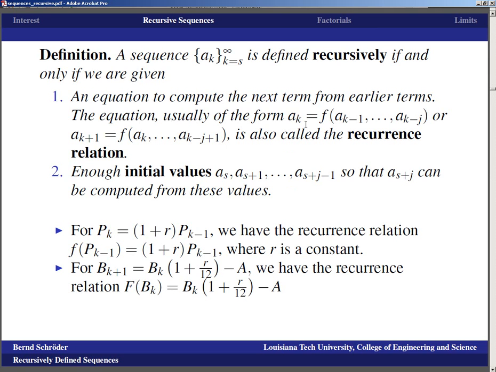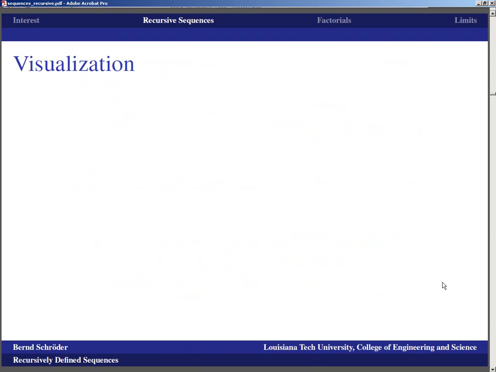So the recurrence relation can be that a_k is expressed in terms of previous terms, or it could be that a_{k+1} or even a_{k+5} or something like that is expressed in terms of previous terms. And again, here r and a are constants for the loan example.